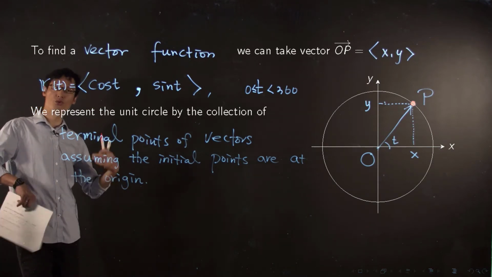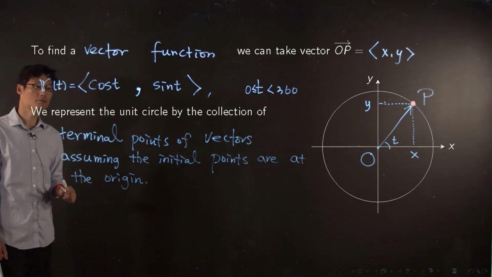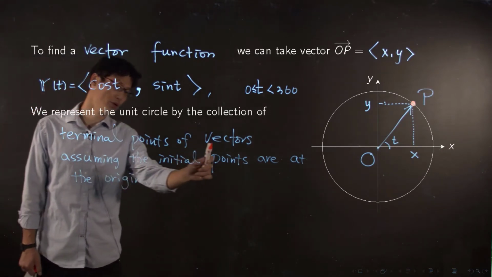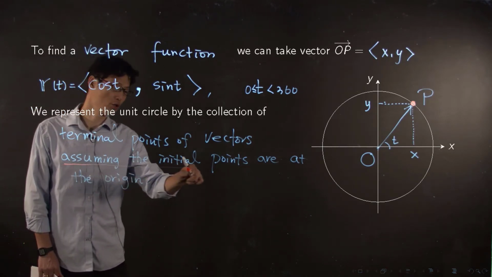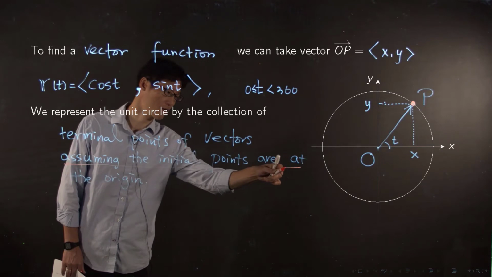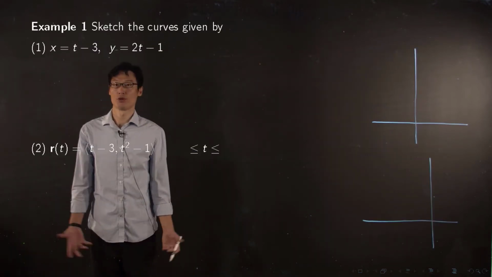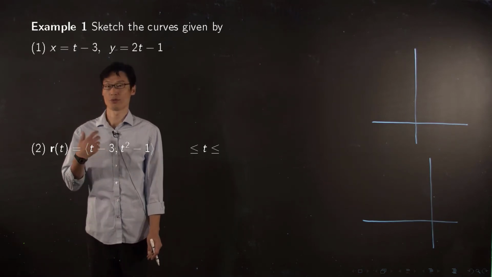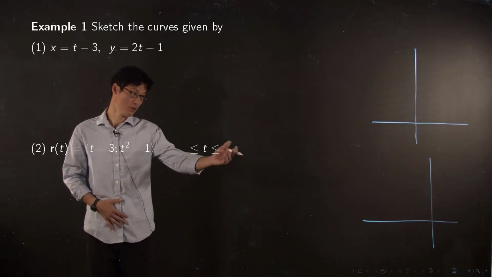Whenever you use a vector function to represent some curve, that's the assumption. We want to collect all terminal points of vectors, assuming the initial points are exactly at the origin. All right, so quick examples to find vector equations, parametric equations, and Cartesian equations and draw the curves.